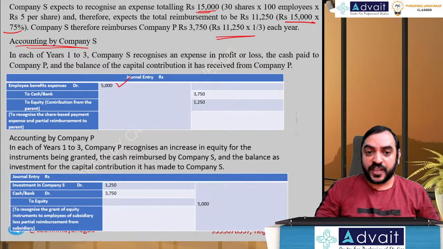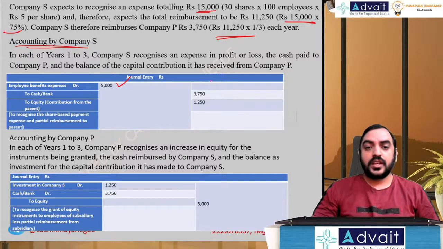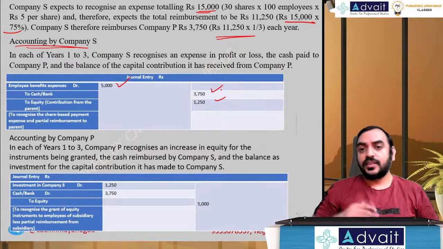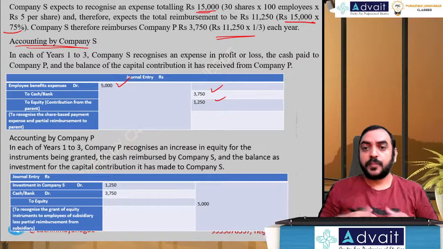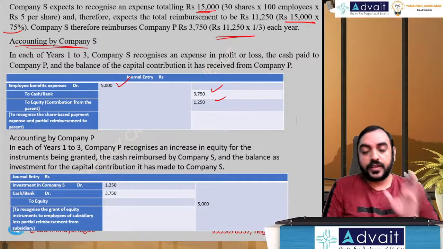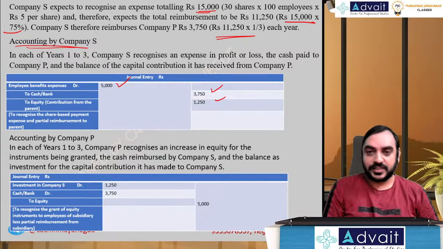So employee benefit expense 5,000, 75% of that, 3,750, is going to be paid, reimbursed, and the balance is not reimbursed. That is like a benefit received but no expense payable. So benefit received from the parent company, equity contribution received, contribution from parent.